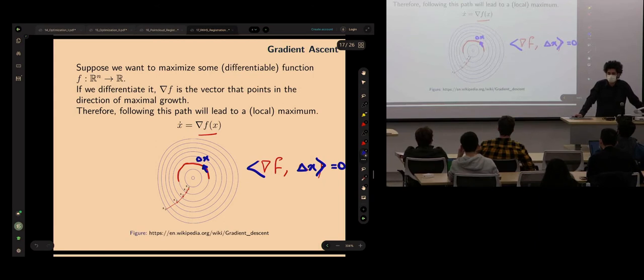If the gradient is not 0, the only explanation is that the gradient is orthogonal to level sets of the function. So it's the direction of maximum ascent towards the peak here. So we're going to do gradient ascent.